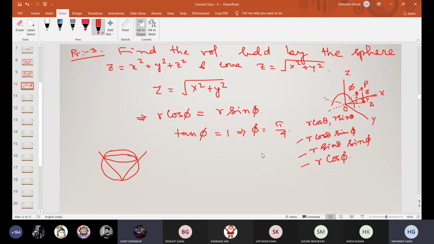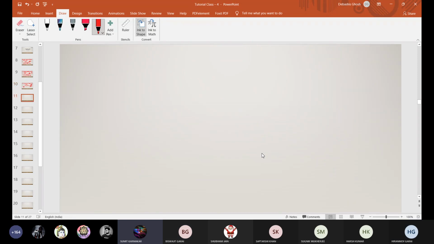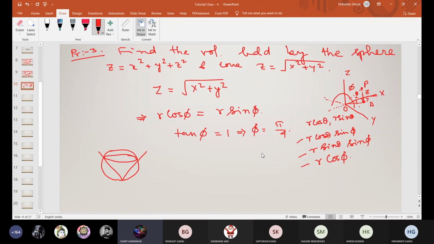Sir, we know z equals x cross y, so why here is z equal to minus x cross y? The z axis is the cross direction of x and y.